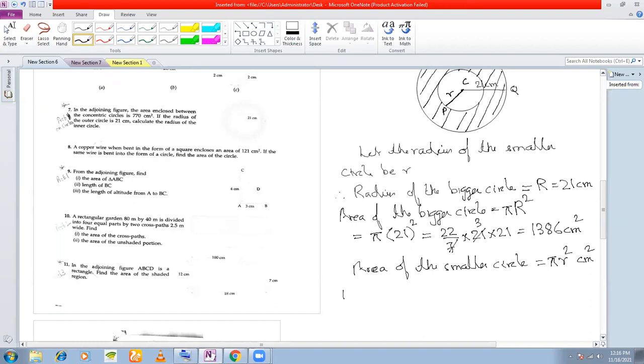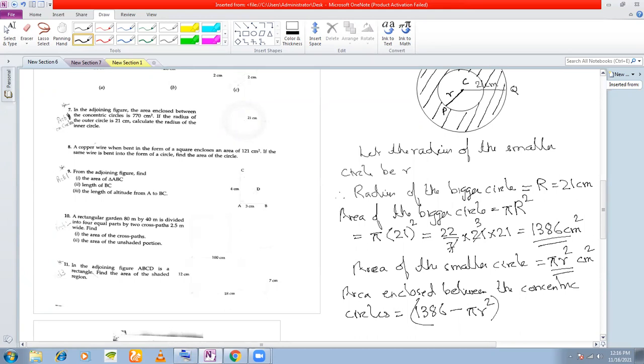Therefore, the area of the shaded part, the area enclosed between the concentric circles, is equal to the area of the outer circle, 1386, minus the area of the inner circle, pi r square. All of you agree with this?